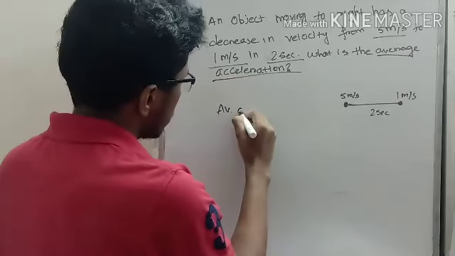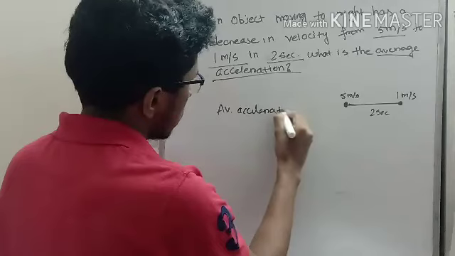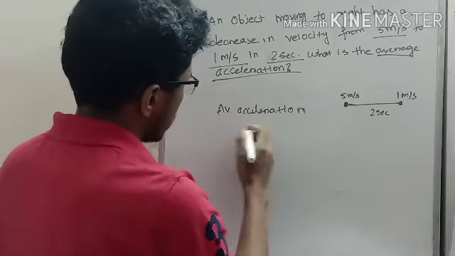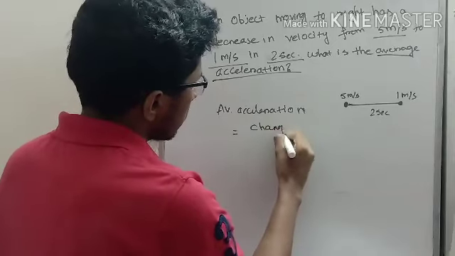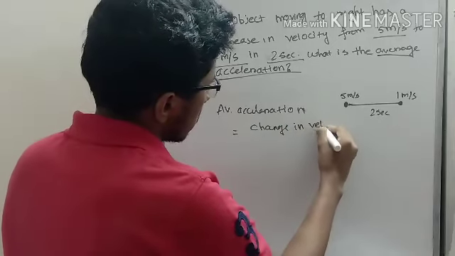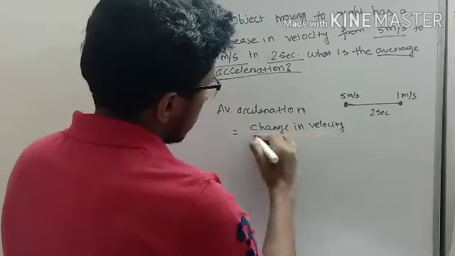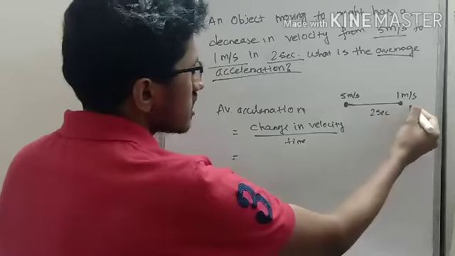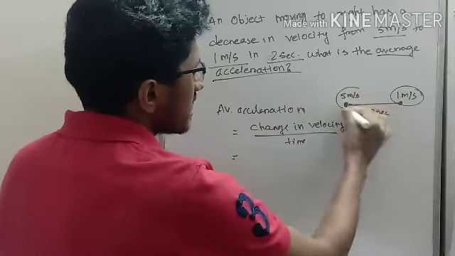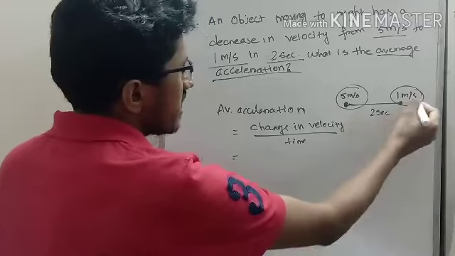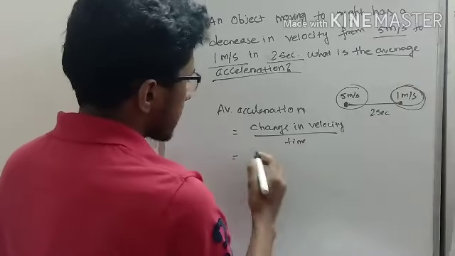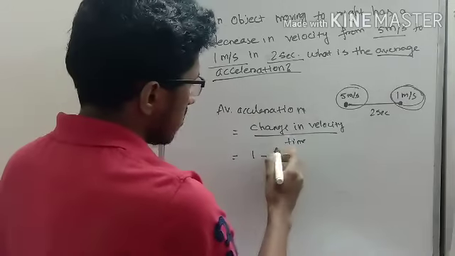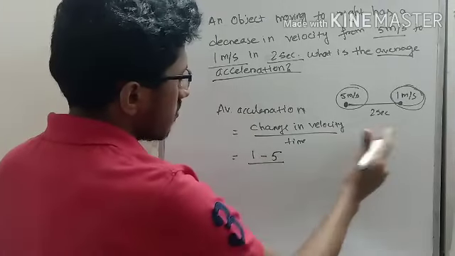Average acceleration is change in velocity by time. Change in velocity means final velocity minus initial velocity. Final velocity is 1 meter per second and initial velocity is 5 meters per second, and time is 2 seconds.